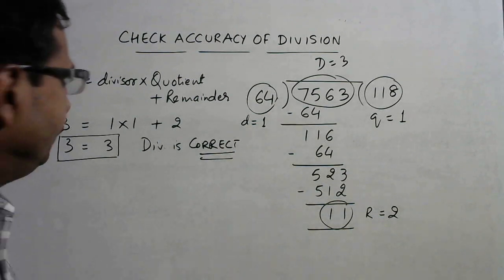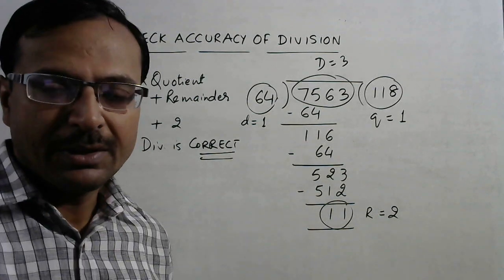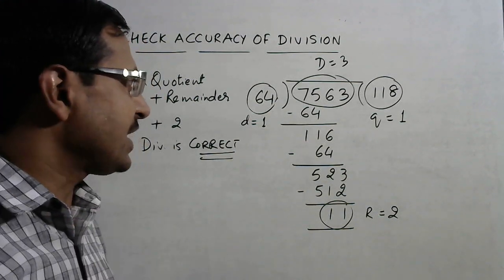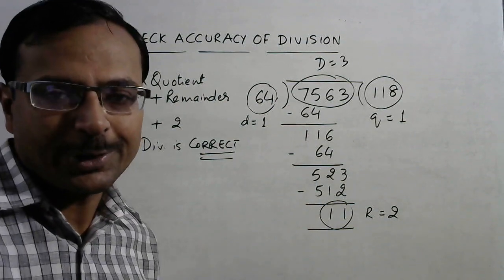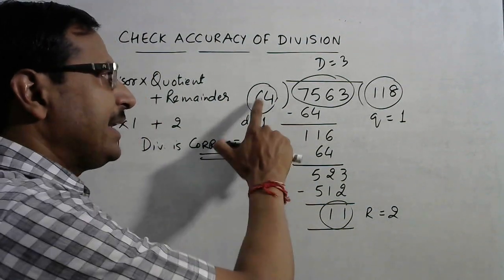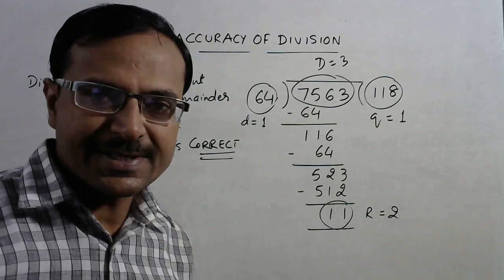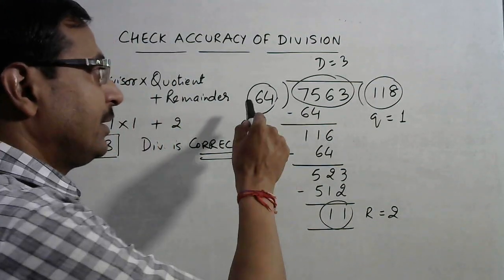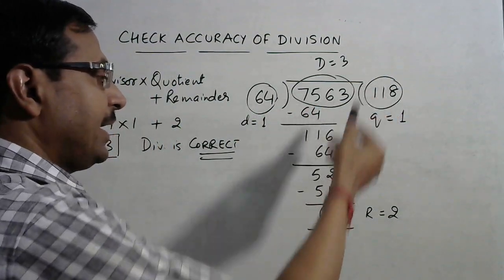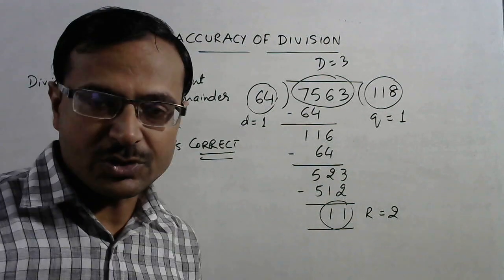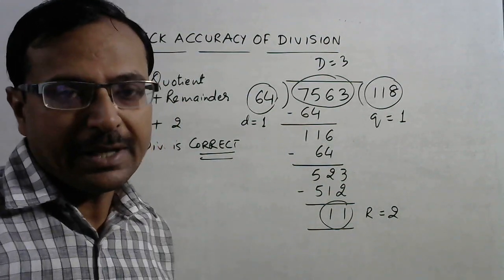So this is a one step method, Vedic method of checking whether a division is correct or not. Finding single digit is an oral process, and if you multiply the divisor by quotient and then add the remainder, then obviously it is going to consume 3 times the time taken by this method.